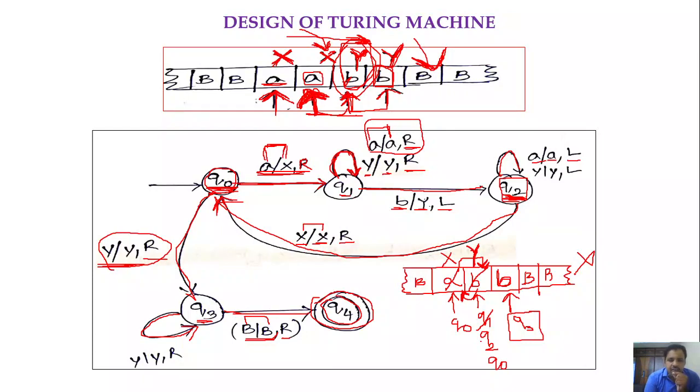If any B's were not replaced with Y, the string is rejected because it does not have an equal number of A's and B's. If all the B's were marked with Y, then we will get a blank symbol at the end in state Q3 and move from Q3 to Q4, that is the final state.